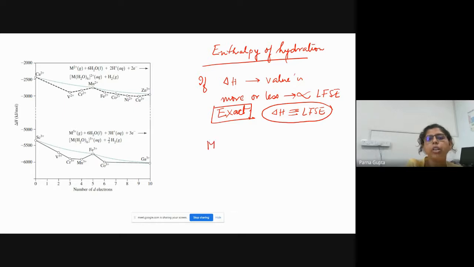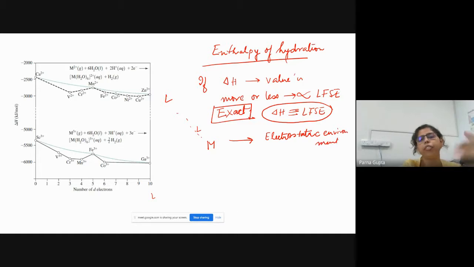The concept is that L is there in the space, and it is approaching the A. So there is a change in the electrostatic environment. And you know that up to some point there will be attraction, and after that there will be repulsion.